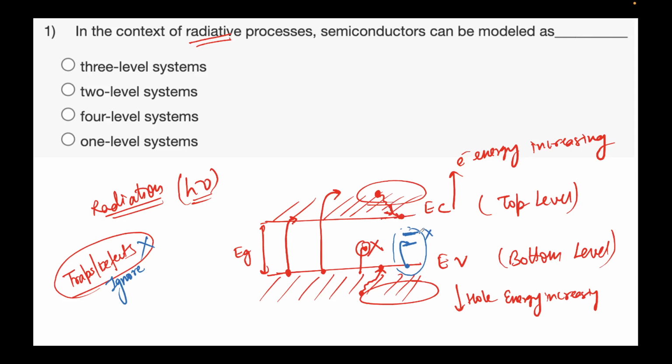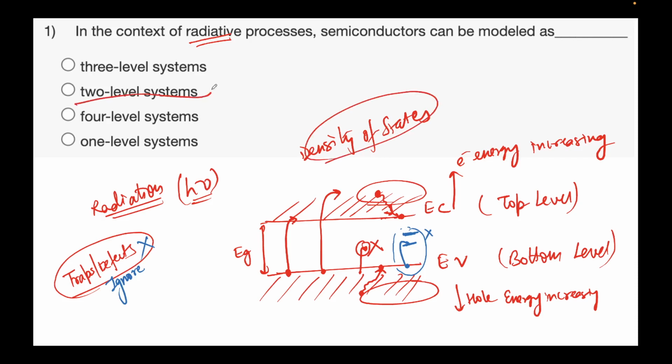Hence we denote it only by a two-level system, although there are multiple levels available. Density of states clearly illustrates that there are multiple levels available, but we are not concerned about that in this case. Just consider only a two-level system.